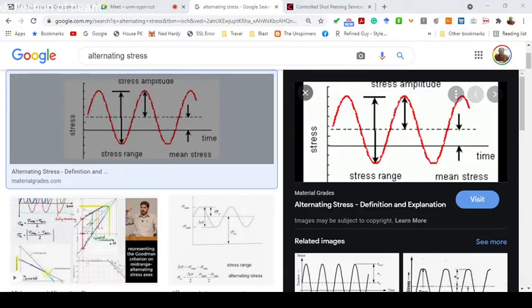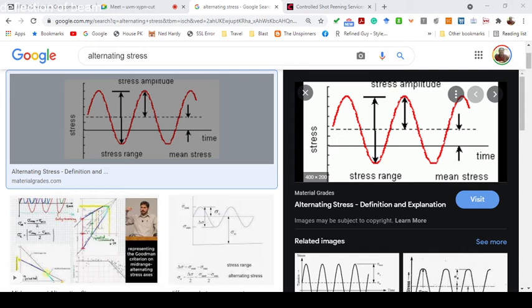Again, I take this picture to make you understand. The concept is the same. This picture uses the stress, but if your graph is replaced with the force, this is the alternating force. You have the force amplitude, maximum force, minimum force.